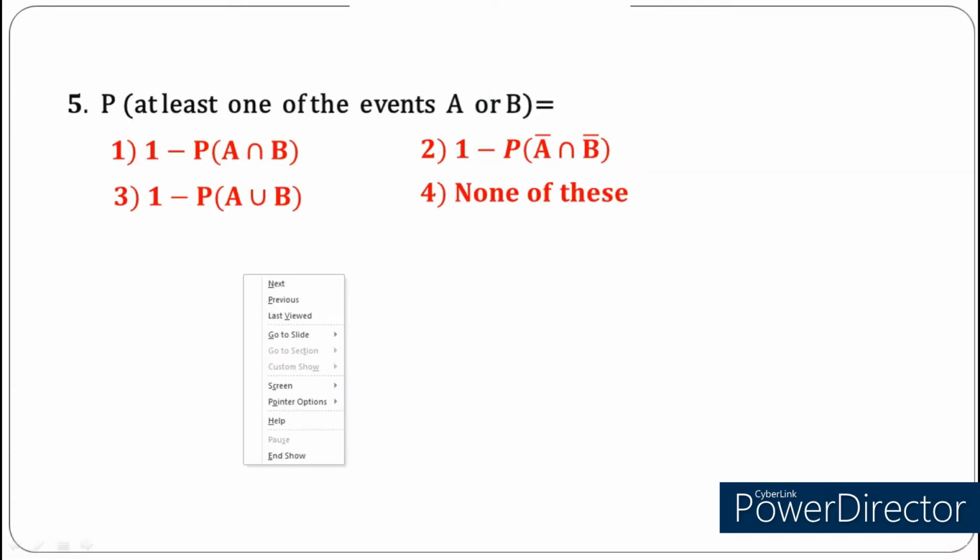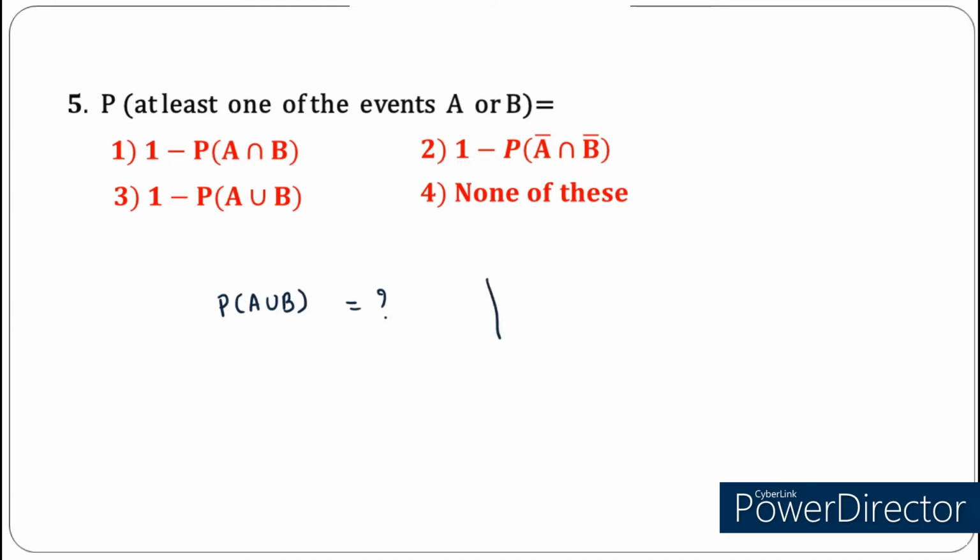P of at least one of the events A or B. See, P of at least one of the events A or B, that is nothing but P of A union B they have asked. Now this question, using a Venn diagram, it becomes very easy to understand.